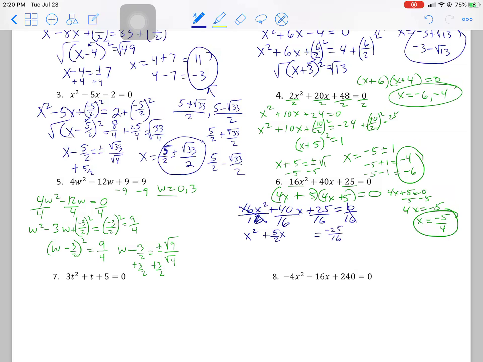This is a challenge to do the complete the square way. All right, so plus 5 over 2 over 2, the complex fraction there, plus 5 over 2 over 2. That way you get your x plus, which you have to have.